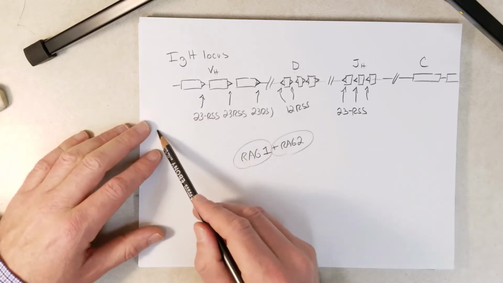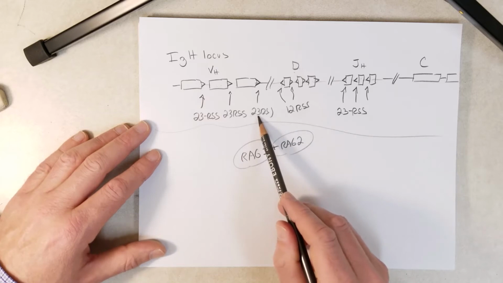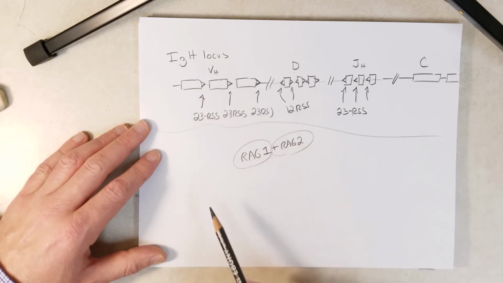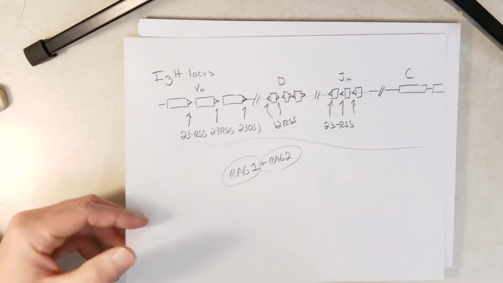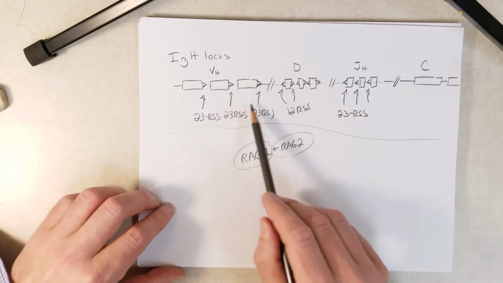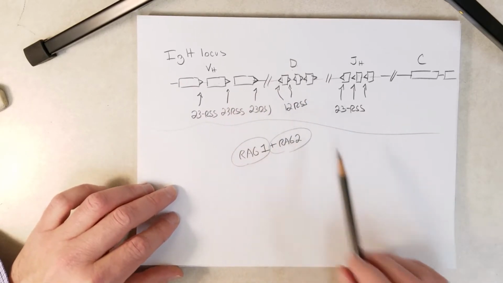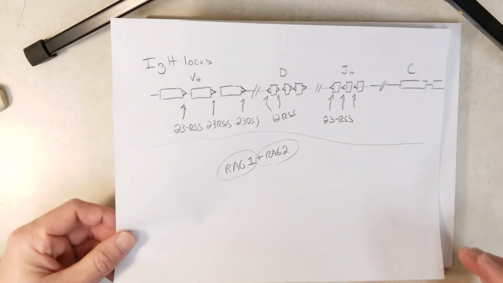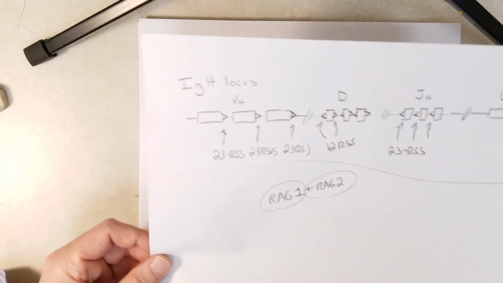So we're going to look specifically at what these 23 RSS and 12 RSS sequences look like, so you can understand. So if you're a little confused now, I think it'll become clear in a few moments.